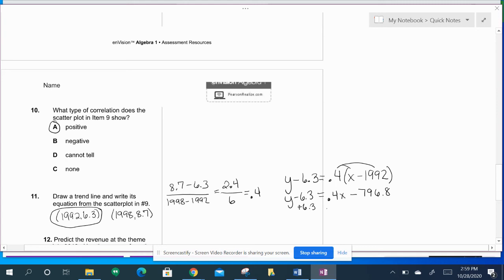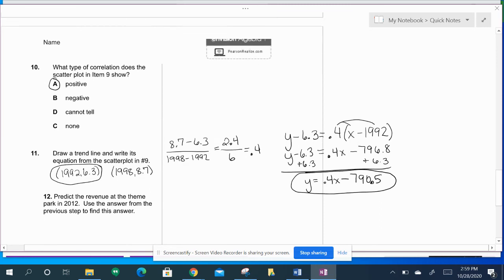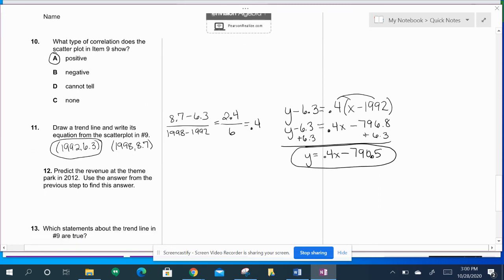I'm going to go ahead then and add the 6.3 over, and I'm going to get y is equal to 0.4x minus 790.5. Again, this answer is just a little bit different than the one that even shows on the answer key, but they're similar. They have similar y-intercepts and similar slopes. And so everyone could have a different answer on this one, and that's okay.